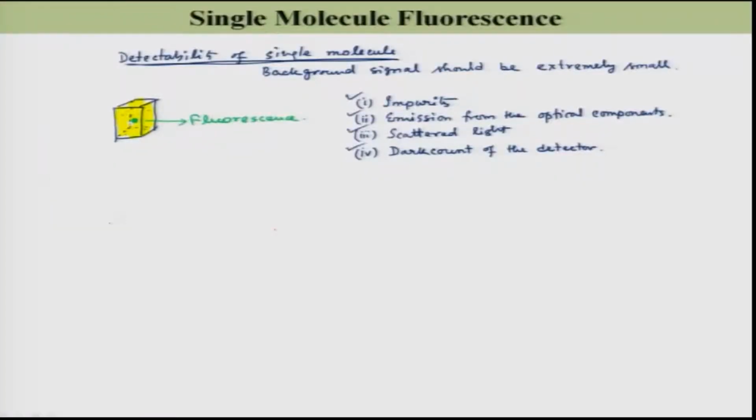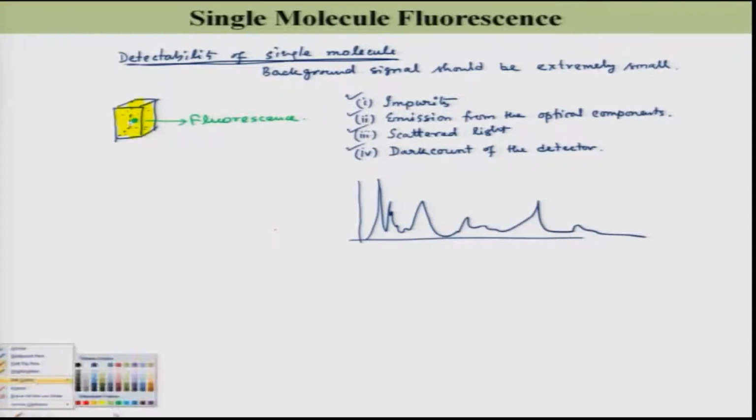So, what I want to say is that even if you take care of all these different problems, this Raman scattering is represented like this, and your fluorescence will be somewhere here. So, you will not be able to see this fluorescence in the presence of this Raman scattering.